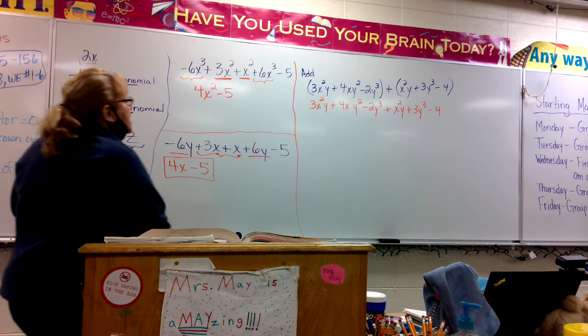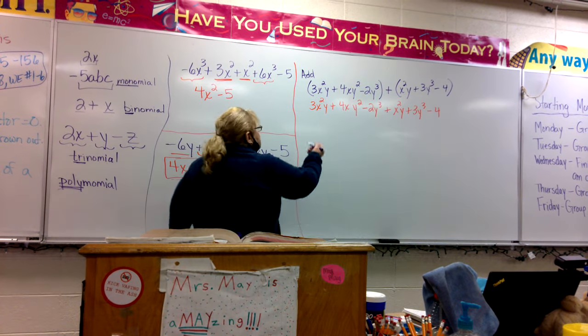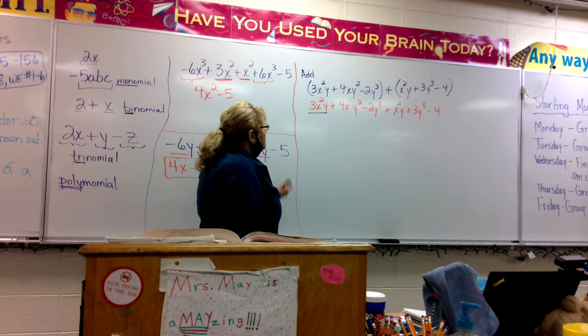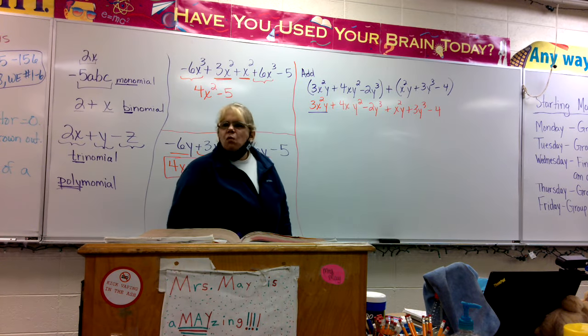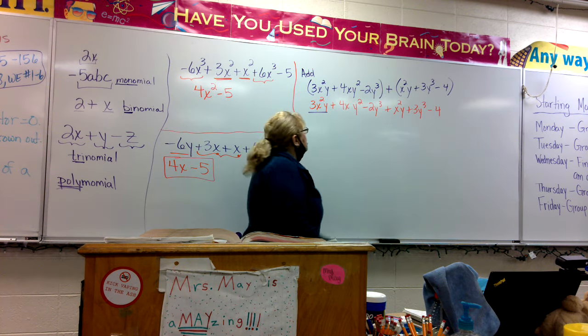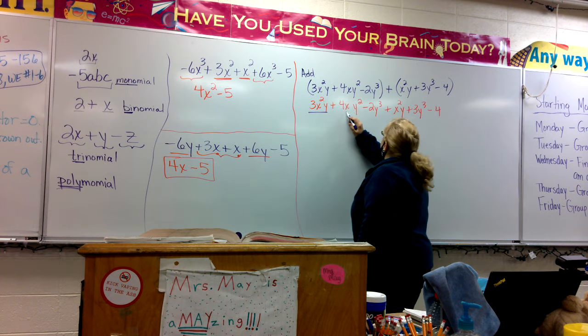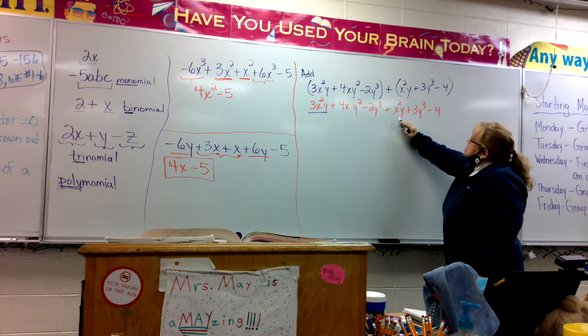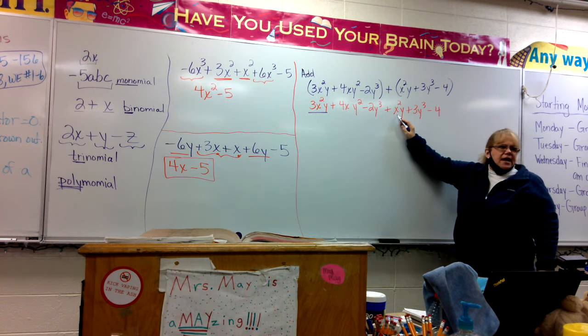So here's what I recommend. I just like to start with the first thing, and I go through and see if I have any more of those. So this one has an x squared and a y to the first. This is not an x squared, so I can't combine it. That doesn't even have an x. I think that's an x squared and a y to the first, right?